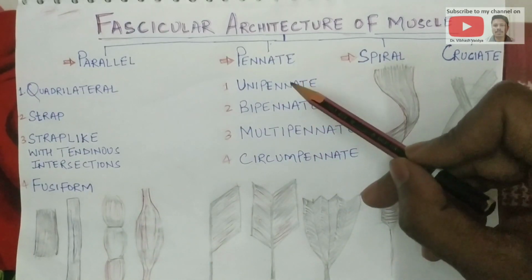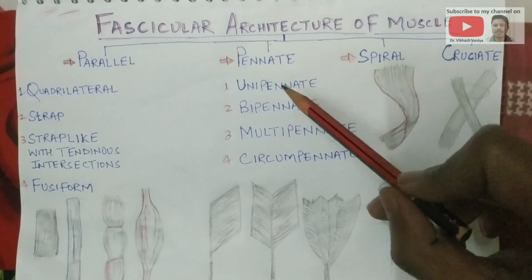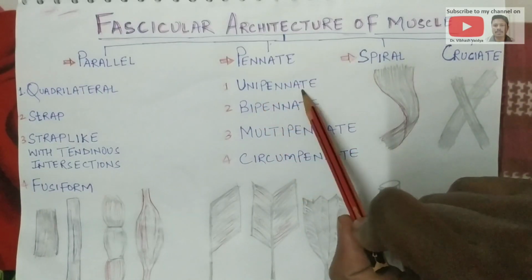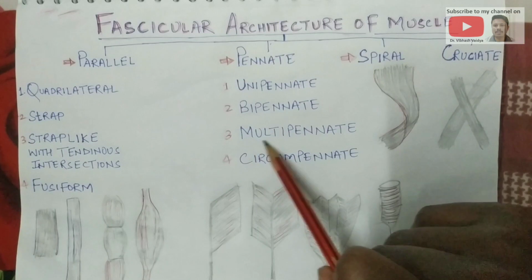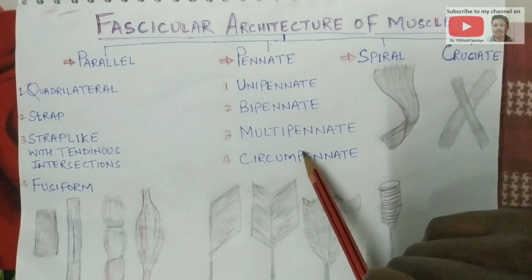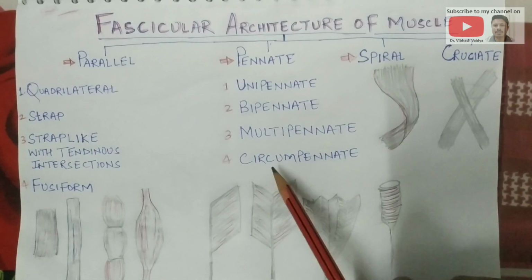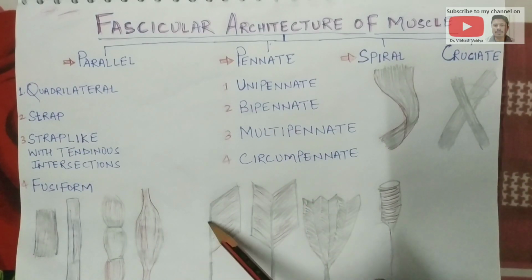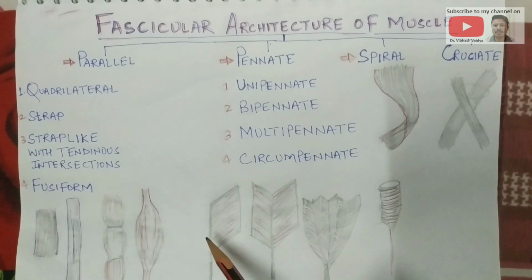Now the pinnate muscles are further divided into four categories according to their fleshy fibers: unipinnate, bipinnate, multipinnate and circumpinate. First, this is a schematic diagram of the unipinnate, and you can appreciate the fibers slope into one side of the tendon, which is formed along the margin of the muscle.